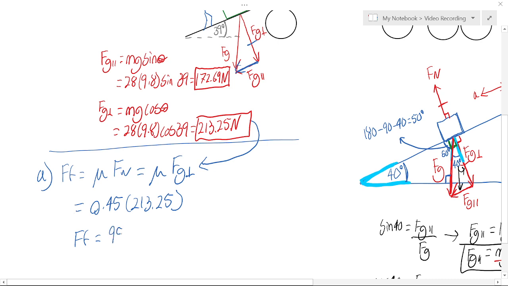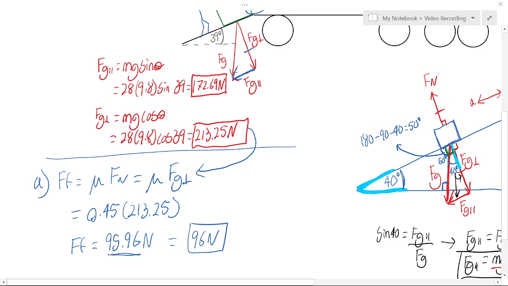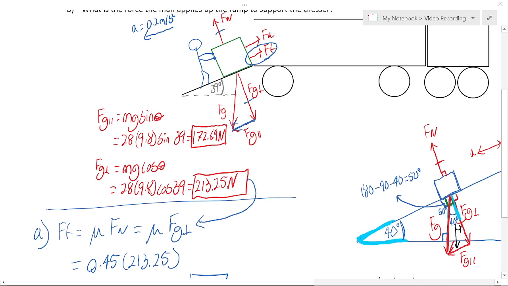Well, it's 95.96, and I'll keep that number aside in case I need to use it again. But to report our final answer, let's just round it to a nice 96 newtons. But if I have to use friction again in part B, I'm going to use this number in my calculation. So you use the unrounded numbers going forward.